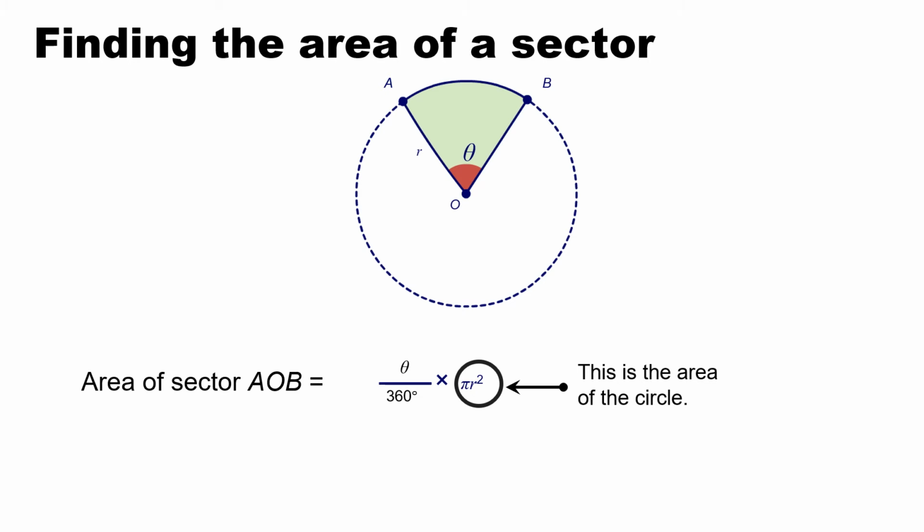Why 360 degrees, you ask? Think about it. That's right. The total degrees in a circle is 360 degrees. Therefore, our theta divided by 360 degrees would have been the fraction of our circle.